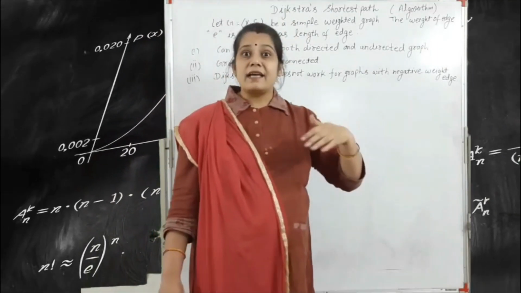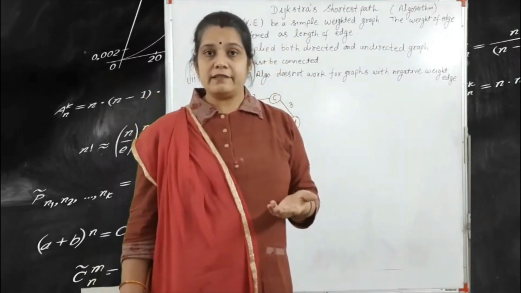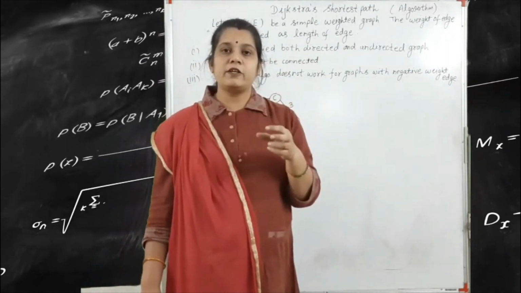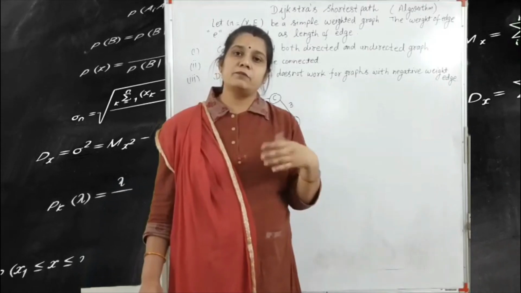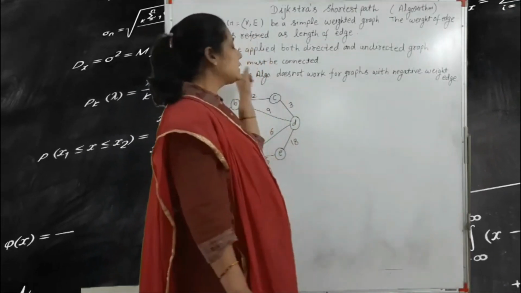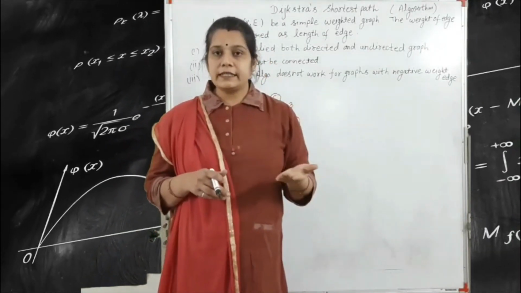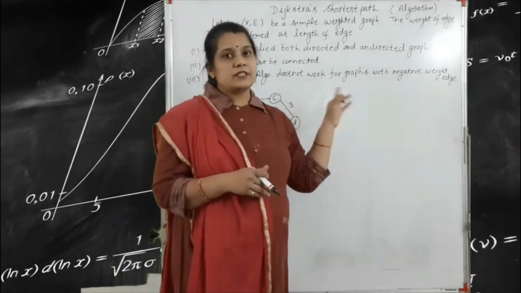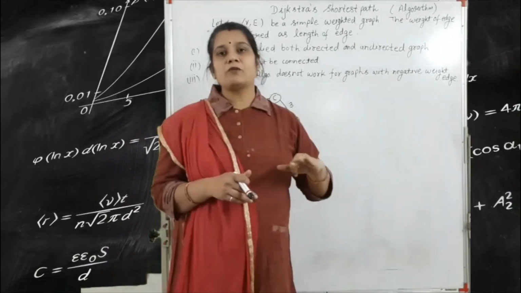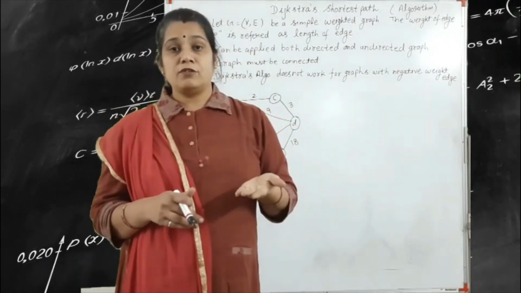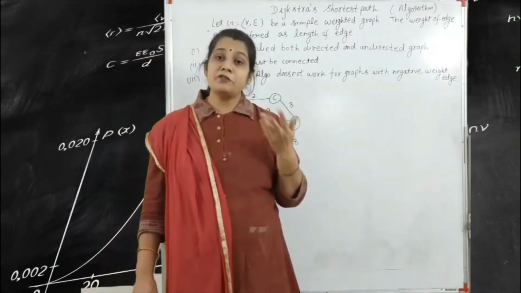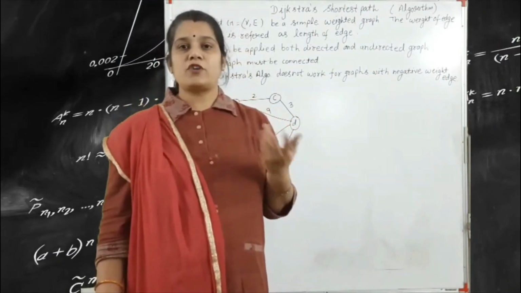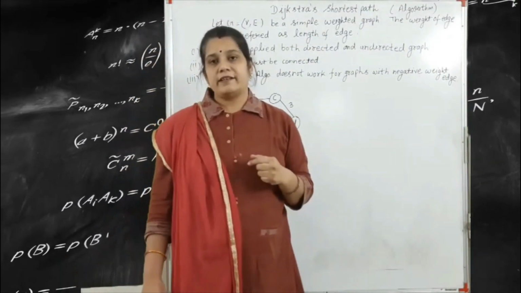So always keep in mind: it works on both directed and undirected graphs, the graph must be connected, and it is not applicable to negative weight graphs. If negative weights are given, we use a different method, that is the Warshall algorithm or Floyd algorithm.